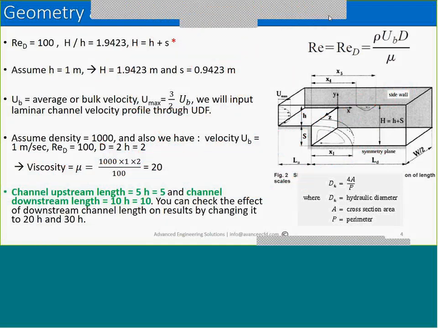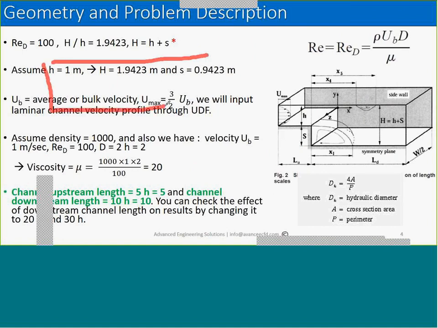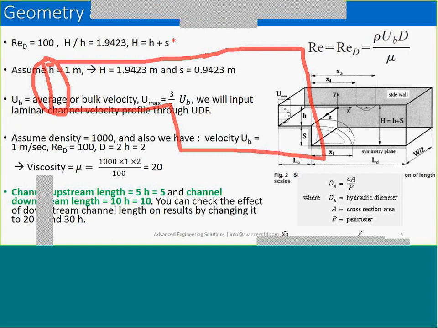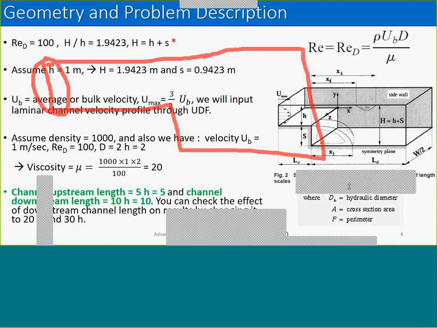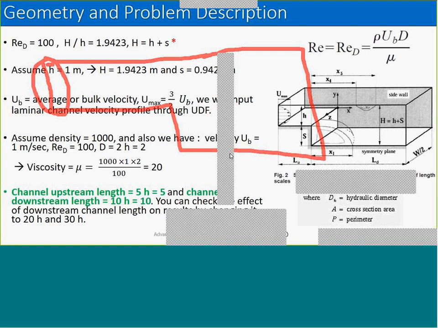Okay. Now, because we are solving the 2D case, the geometry looks like this. At the inlet, at this end, what should be the hydraulic diameter?